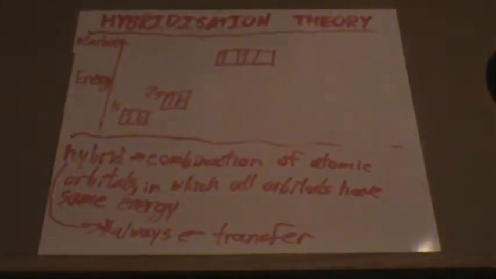Well, what we've come to see, if we're comparing the energies, is that the hybrid orbital, because it is a combination of the 2s and 2p, is also almost an average of the energies of the two.